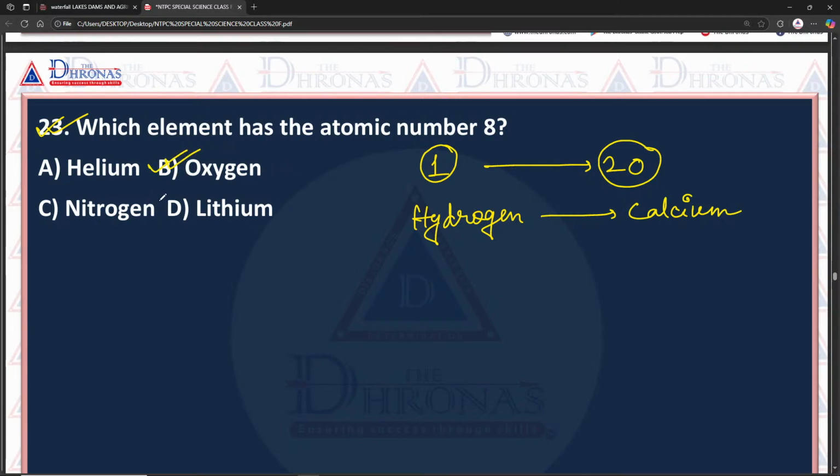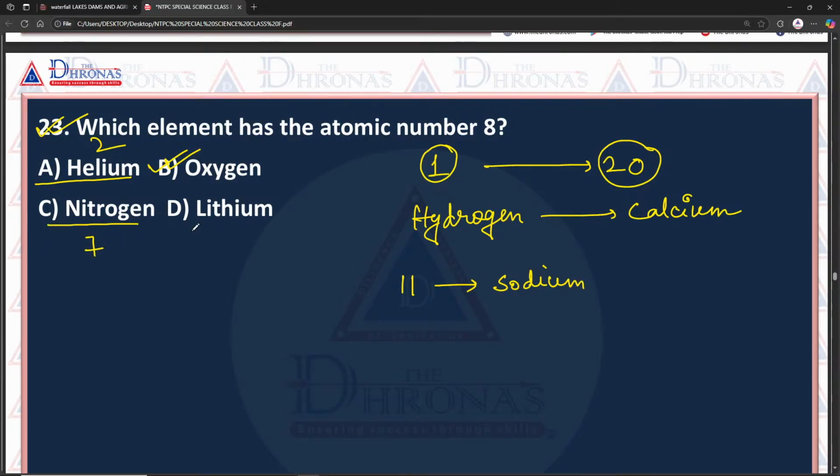What is the atomic number of helium? 2, correct. Helium's atomic number is 2. What is the atomic number of nitrogen? No, 11 is the atomic number of sodium. Correct, 7.